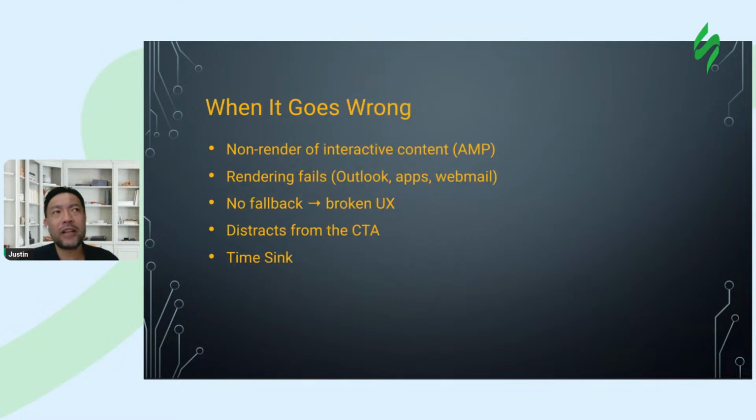But it can go wrong as well, right? AMP especially is very, very strict in how it renders the content. What AMP is, is that you literally create a separate email within one email. So you have two separate emails: the HTML email and the AMP HTML email, and you put both in one and you send it.